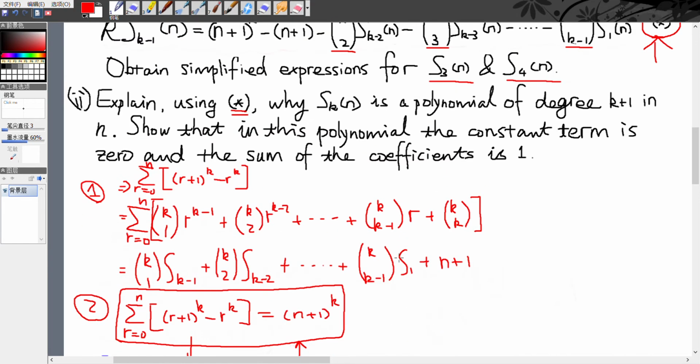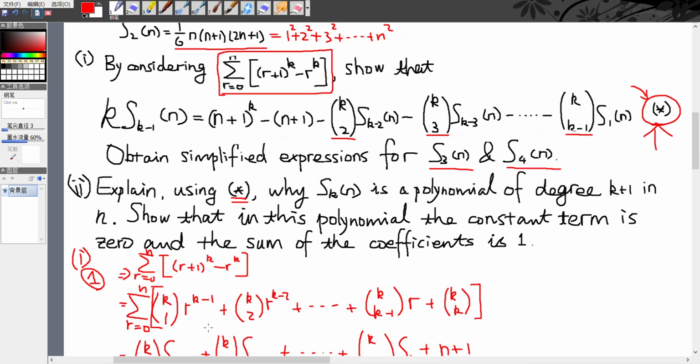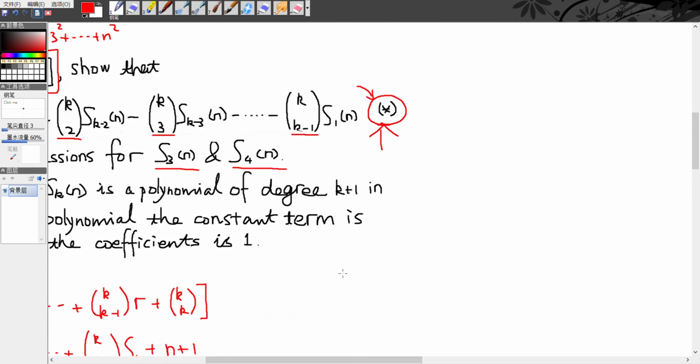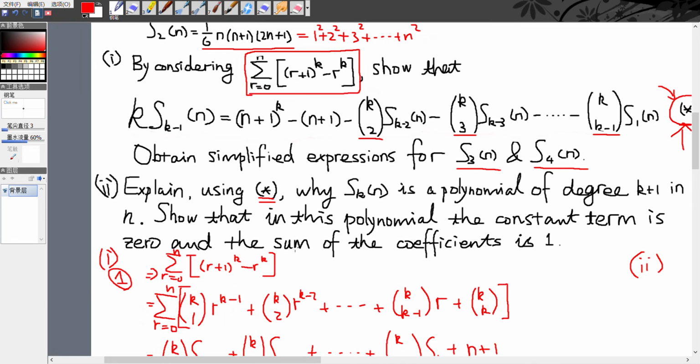Okay, so this is the answer for the first question, and for the second question we are asked to explain using this star formula why Sk is a polynomial of degree k plus 1 in n.